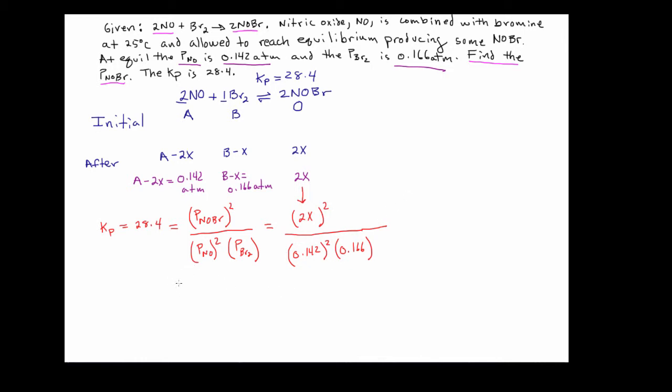So, doing the algebra now, we're going to have 28.4, and I'm going to go ahead and simplify the 0.142. In other words, I'm going to square it out. And when I do that, it's going to be 0.020164. All right, and that will be times 0.166, where the whole thing is equal to 4x squared.